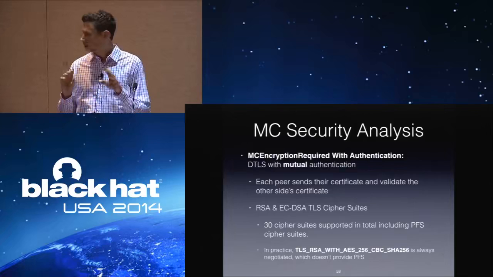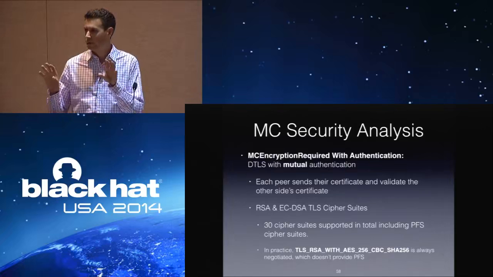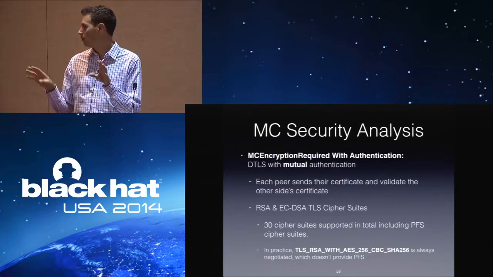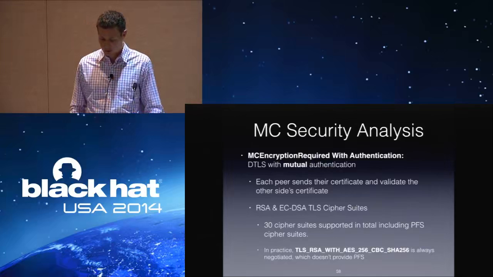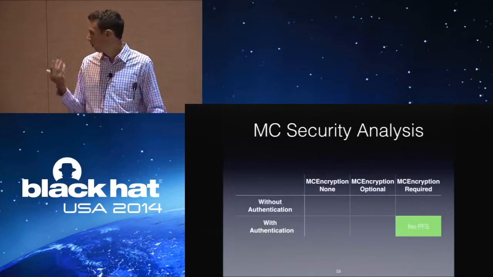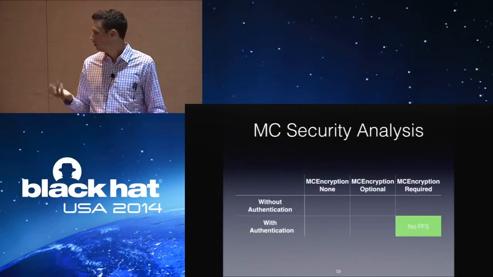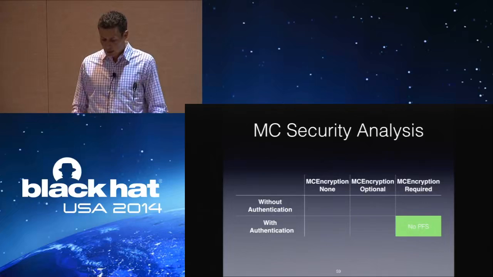And overall, they don't really need 30 different cipher suites, because the client and the server are always going to be modern devices. It's not like you need IE6 to be able to connect to that. So they could probably reduce that to maybe 2 cipher suites. But overall, it looks pretty good. You have authentication, and you actually do get that with DTLS. So no surprises there.